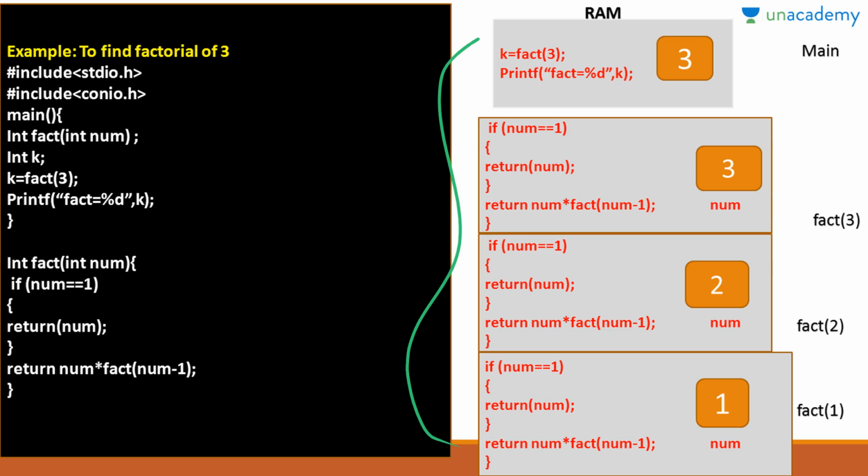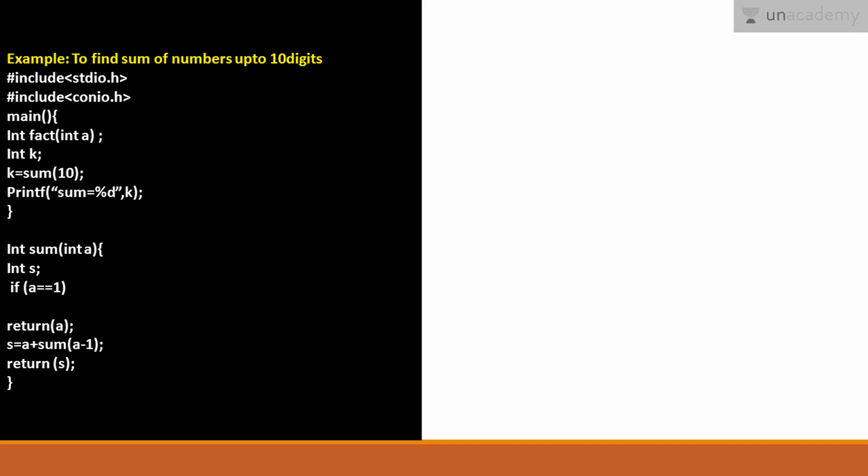Now we will move to our next example, that is to find the sum of numbers up to 10 digits. Oh sorry, here it will not be fact, it will be sum. It's my fault.